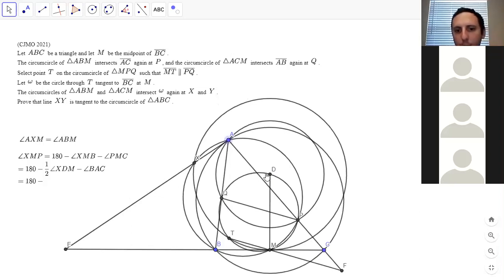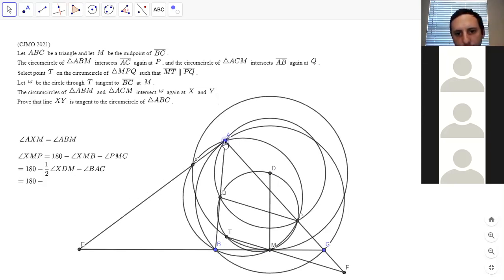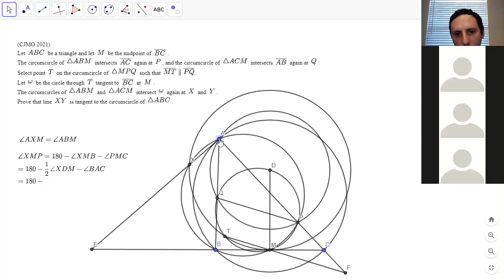Yeah, but we know QD equals PD because MD is an angle bisector by the angle chase I said earlier. So yeah, we can prove that D is the center of that circle. Feel like we're pretty close.